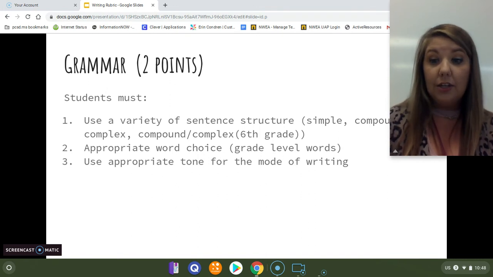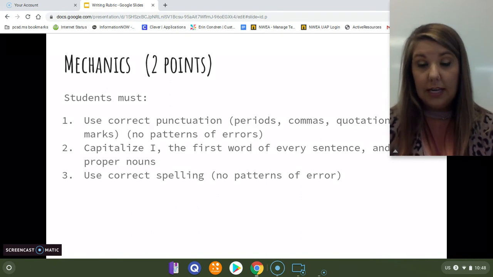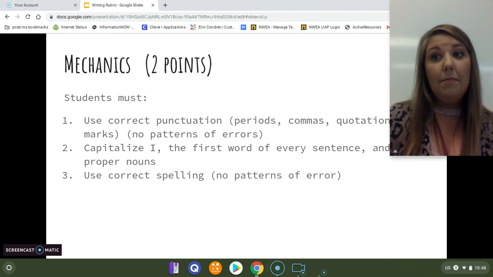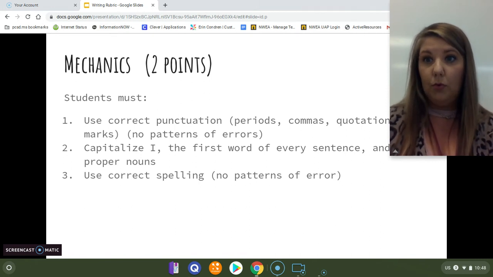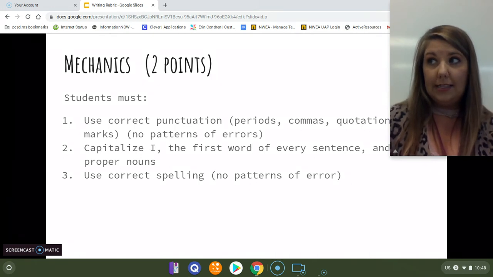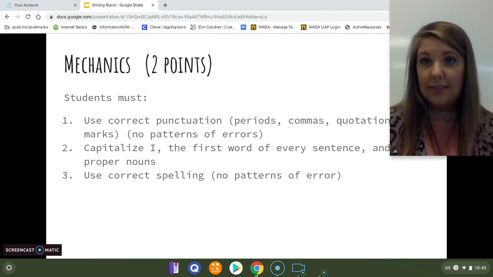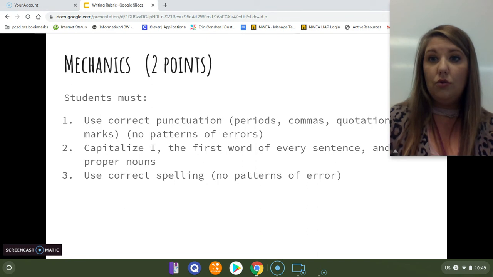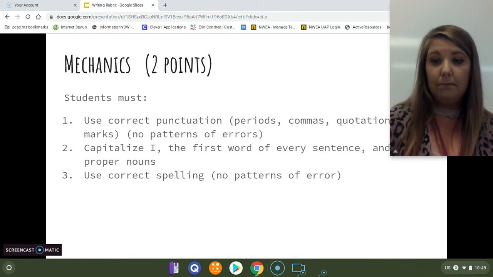And not only that, you're going to go into the mechanics part of it and use your commas appropriately whenever you write those sentences. So when you write that compound sentence, make sure you have your comma and your fanboy. When you write that complex sentence, make sure you have that comma separating your dependent and independent clause. You want to make sure that you do it correctly when you do it.